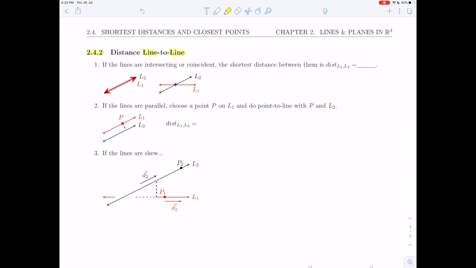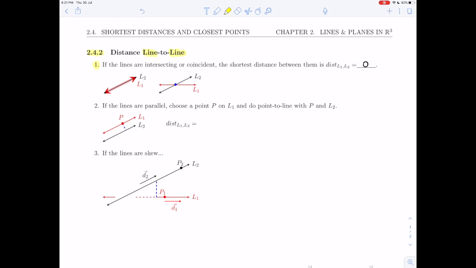So there are three possibilities to consider out of the four possible arrangements for two lines in three-dimensional space, and the first is if the lines are intersecting or coincident. Well, if they're intersecting or coincident, then the shortest distance between them is 0. They touch, right? So the shortest distance between them is no distance at all.